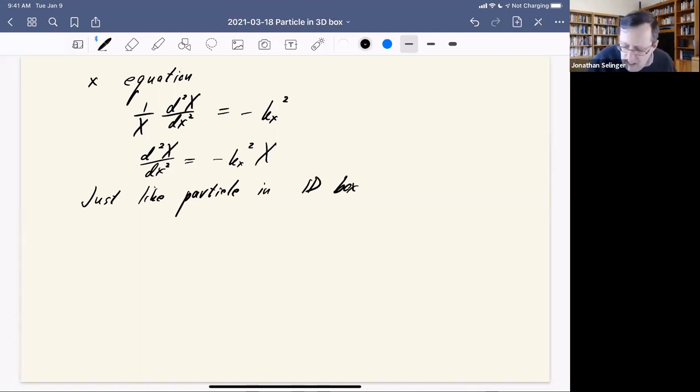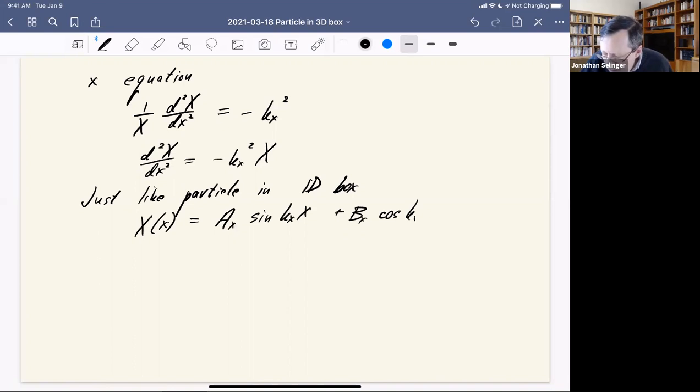There has to be a solution of the form big X equals A sub x sine k sub x x, plus B sub x cosine k sub x x.